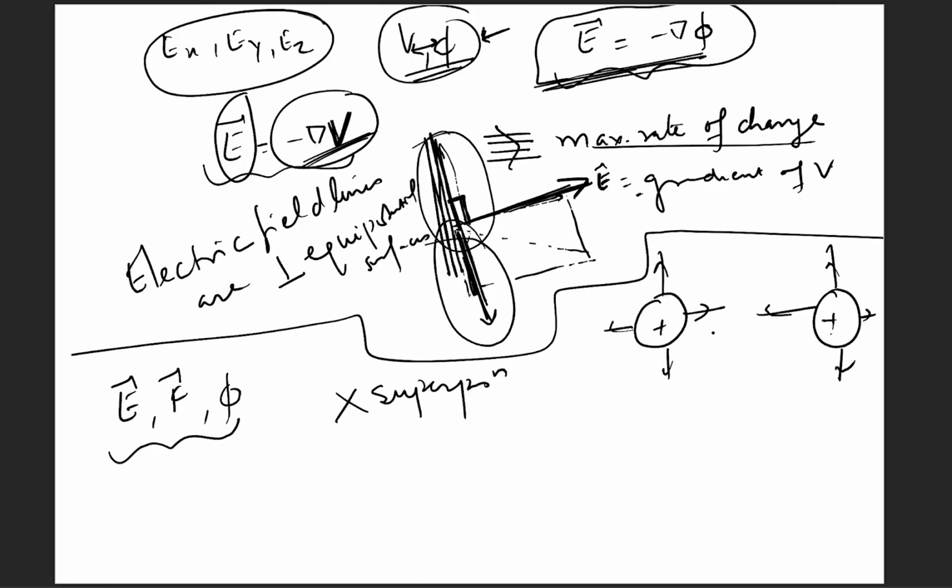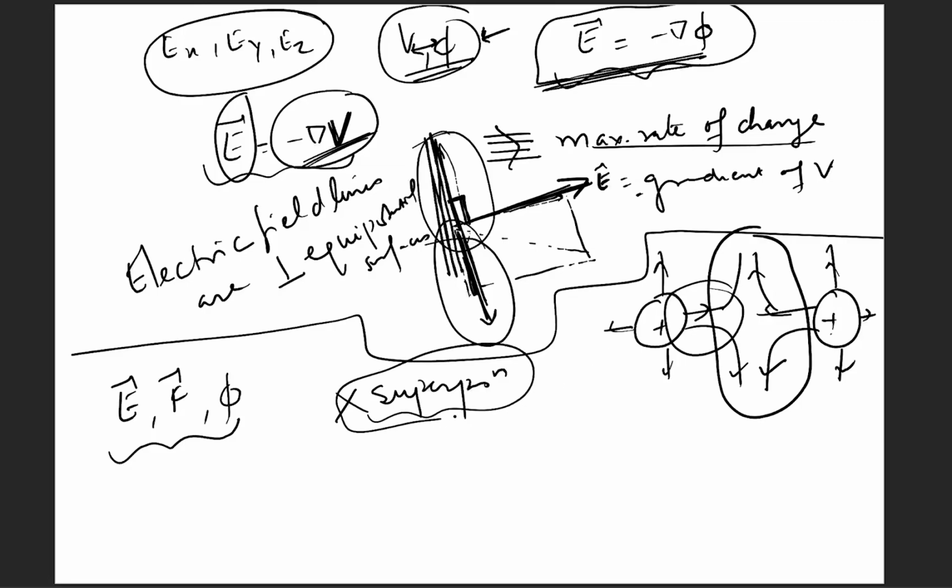However, we can draw them by finding the equation of these lines from equipotential surfaces, which is easier. Otherwise, the superposition principle is not going to give us the correct answer. So while representing using electric field lines, we are not able to directly use the principle of superposition in drawing them. This is one important thing which we should remember.